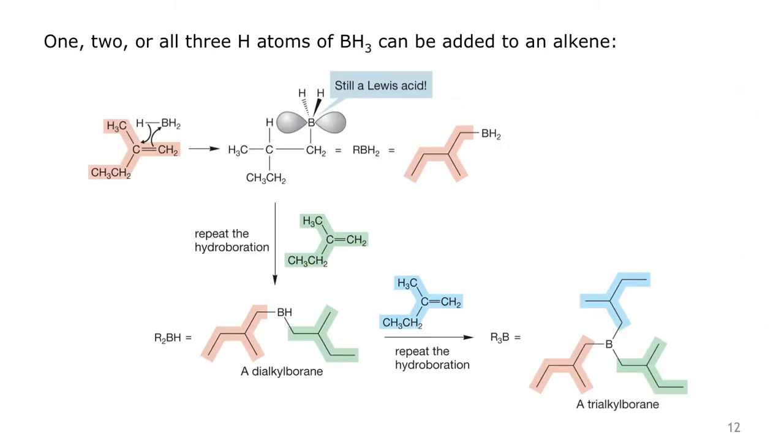Finally, before we move on to what we can do with these boranes, there's one other aspect of this reaction that's interesting, and that is that all three of these boron-hydrogen bonds are reactive, meaning that one molecule of BH3 can actually react with three molecules of alkene, and they all react in the same way. So if we look here, they have them highlighted.